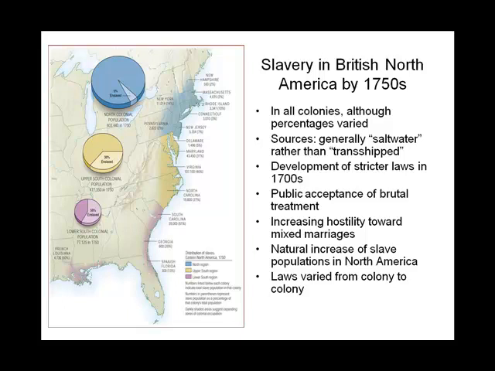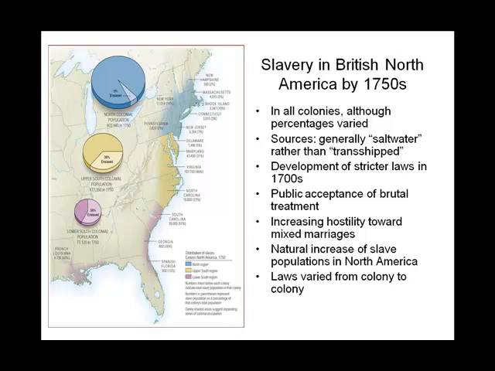The increase in the slave population came through natural increase in North America rather than through continued infusion of Africans, although we do see a larger number of Africans coming in the early 1700s.